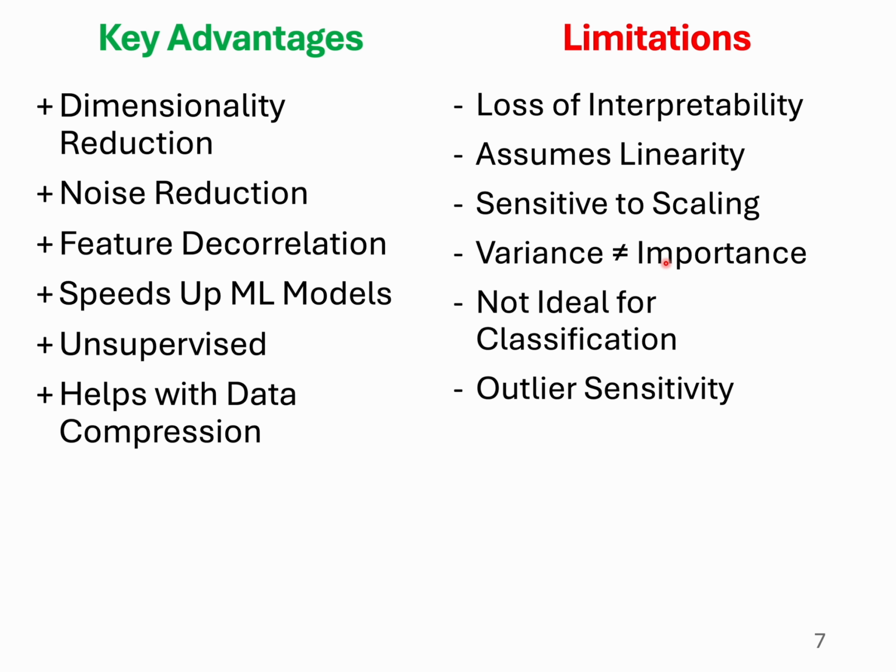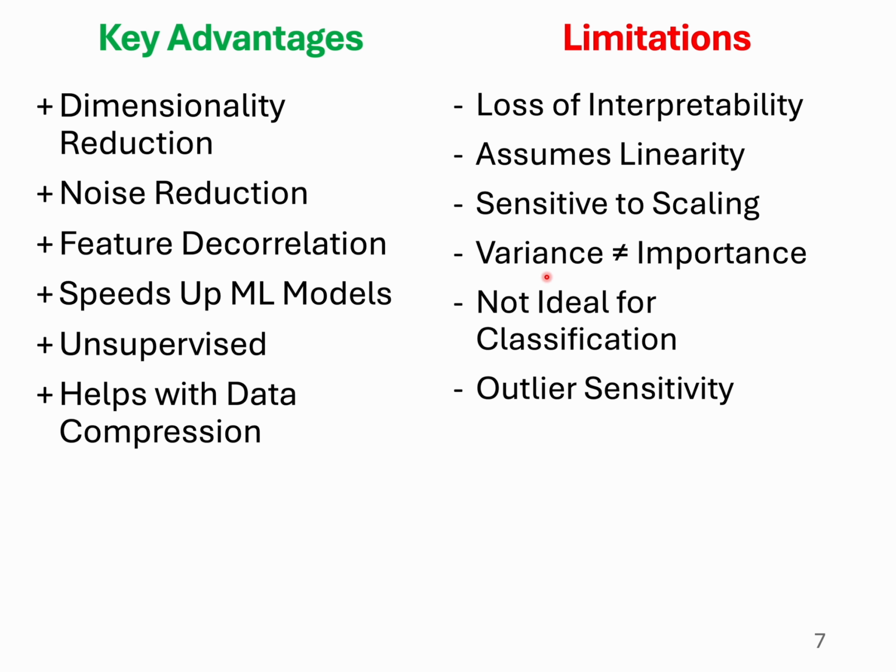But remember, PCA is unsupervised, so it doesn't know anything about your labels. Still, it is a good tool for dimensionality reduction. It can really speed up other machine learning models if you want to use them together.